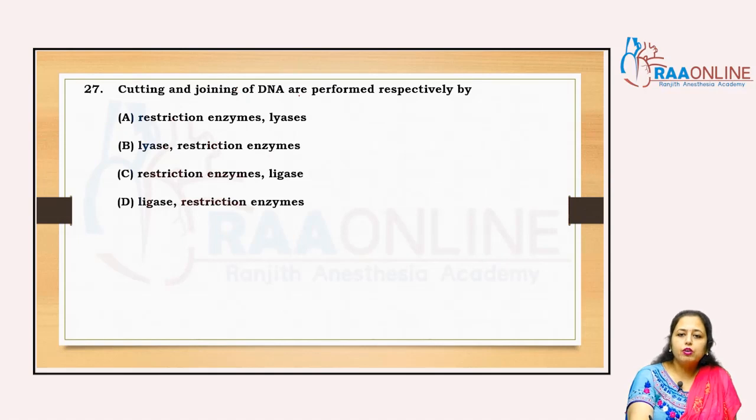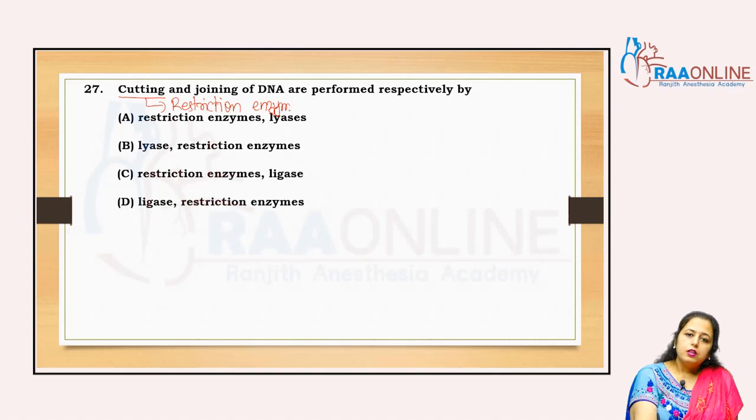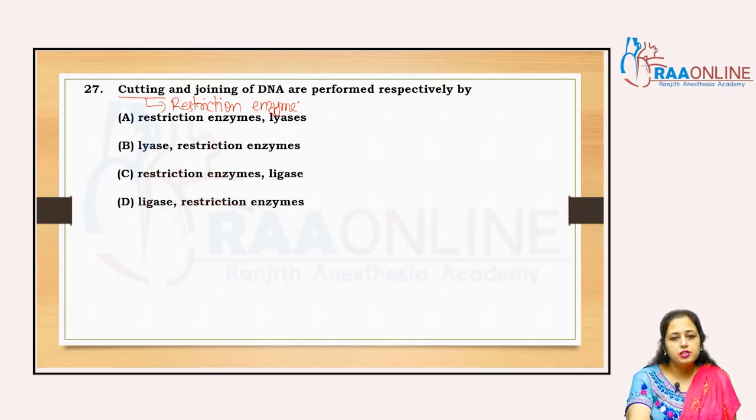Cutting and joining of the DNA are performed respectively by, we already studied that for the cutting we use the restriction enzyme. That's why restriction enzymes are also known as the chemical knife, right? Or the molecular scissors, or the chemical scissors.